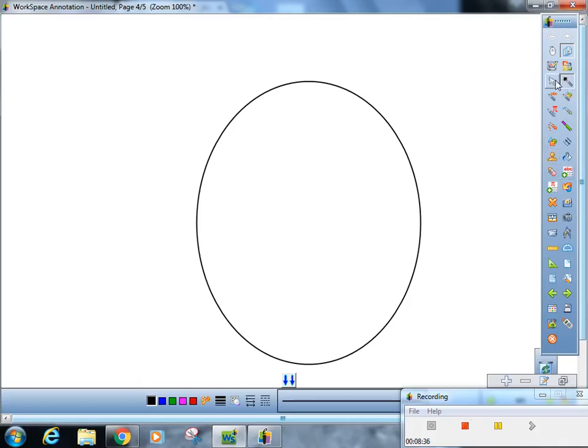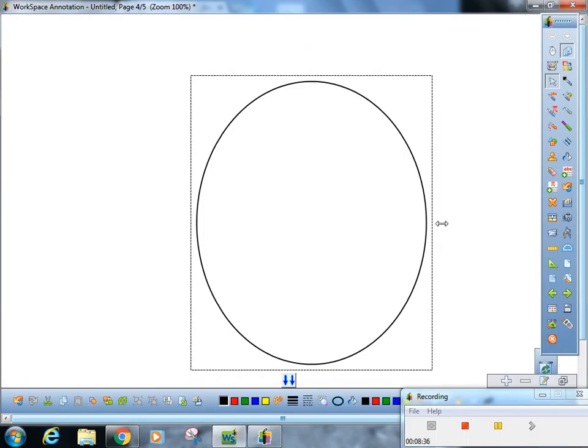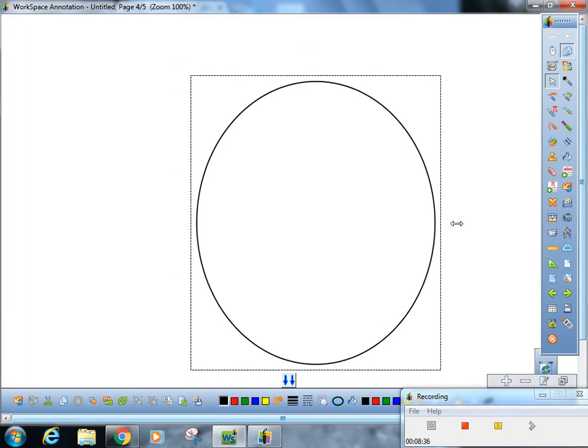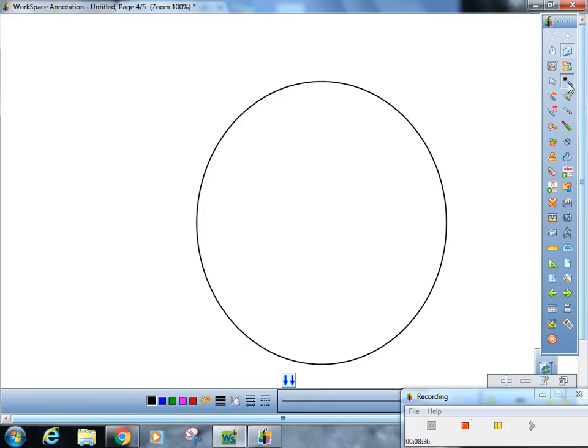So here, let me do this. Tell me when it looks better. Okay, all right. So, if we had a really, really accurate measurement of a string that went all the way around the perimeter of that circle, this is a great activity.